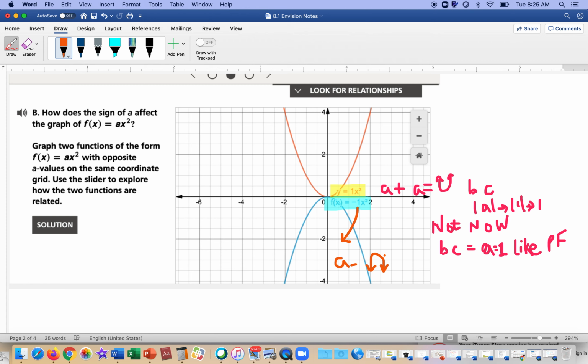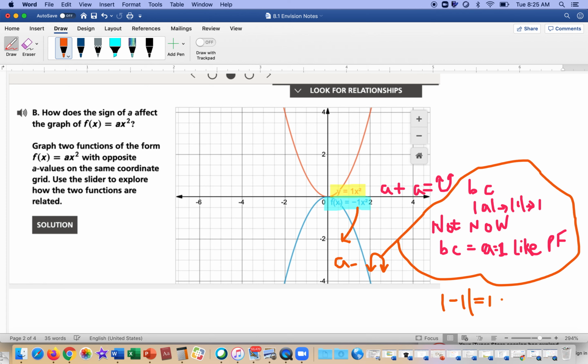The narrower width thing is the same, because the absolute value of -1 is 1, it's the same as the parent function, so it's not going to be narrower or wider. Now, don't look at it and say, oh, -1 is smaller. No, that's why we say the absolute value, okay?